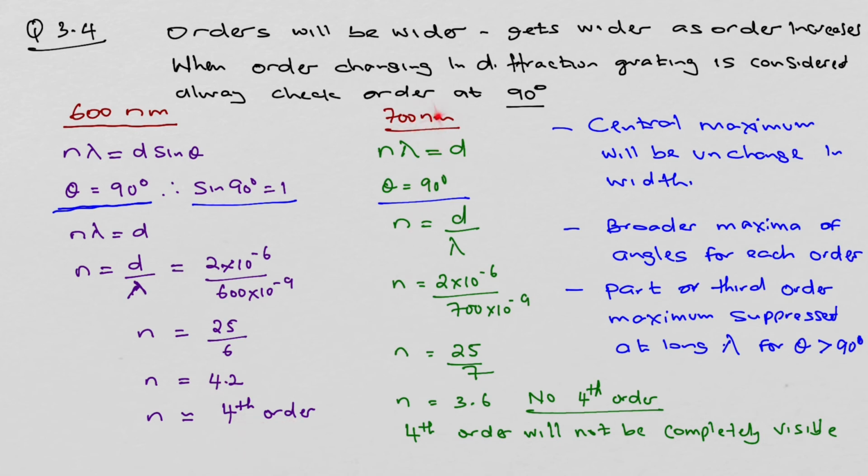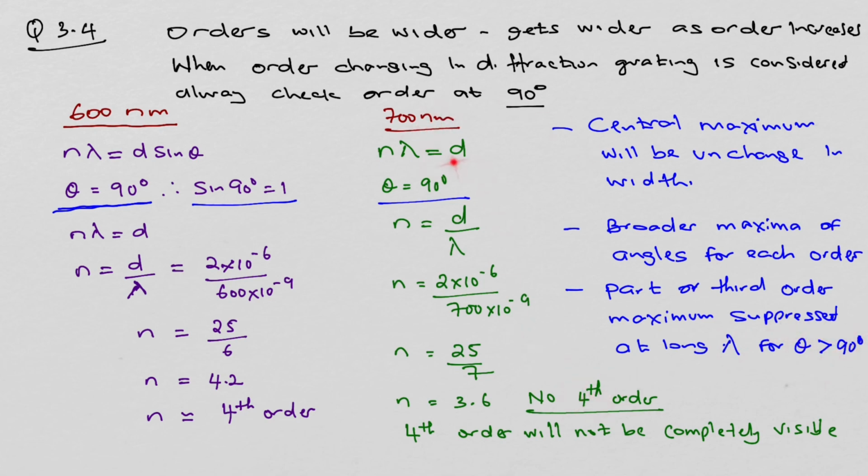And if you try the 700 nanometers, you will soon find out that there will be no fourth order, and therefore the fourth order will not be completely visible. So yes, the central maxima will be unchanged, and there are broader maxima of angle for each order. Part of the third order maximum is suppressed at long lambda, for theta greater than 90 degrees.